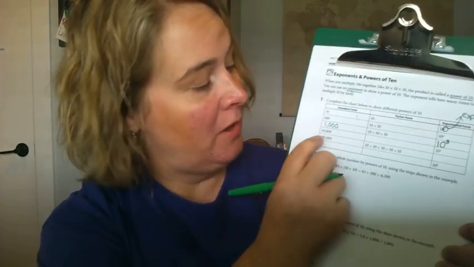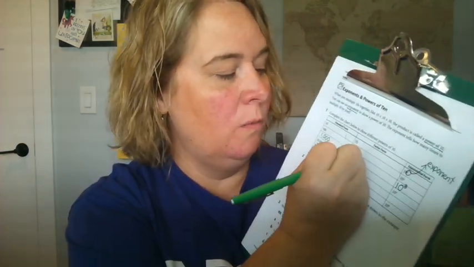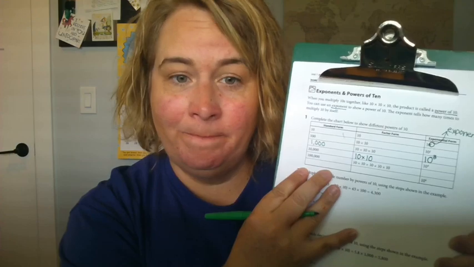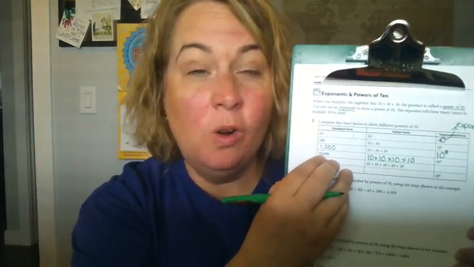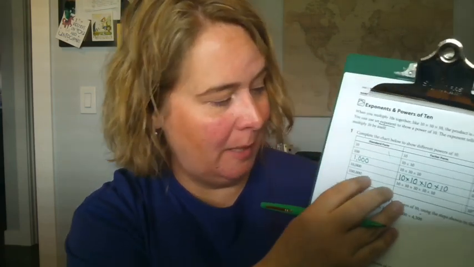Let's move on. Here we have 10,000. Well, we know that 10 times 10 is 100. Times 10 is 1,000. Times 10 is 10,000. So we just multiplied 10, 1, 2, 3, 4 times. 10 to the fourth. Let's keep going.